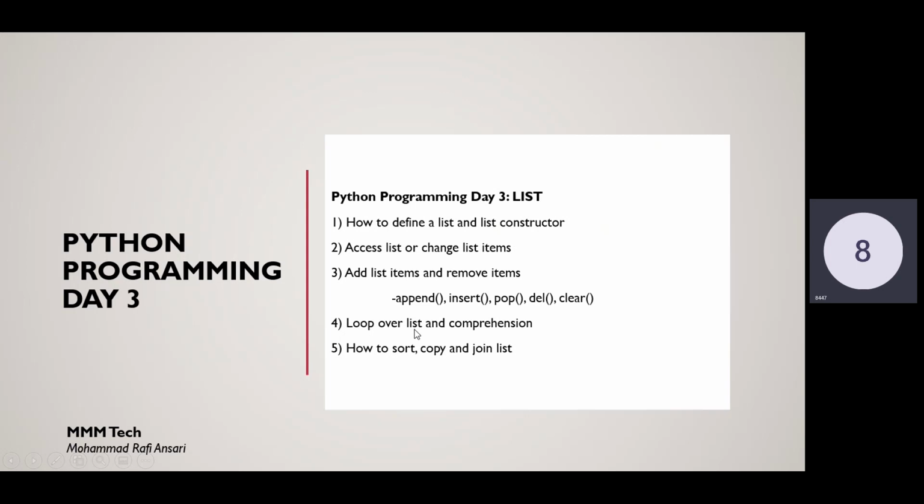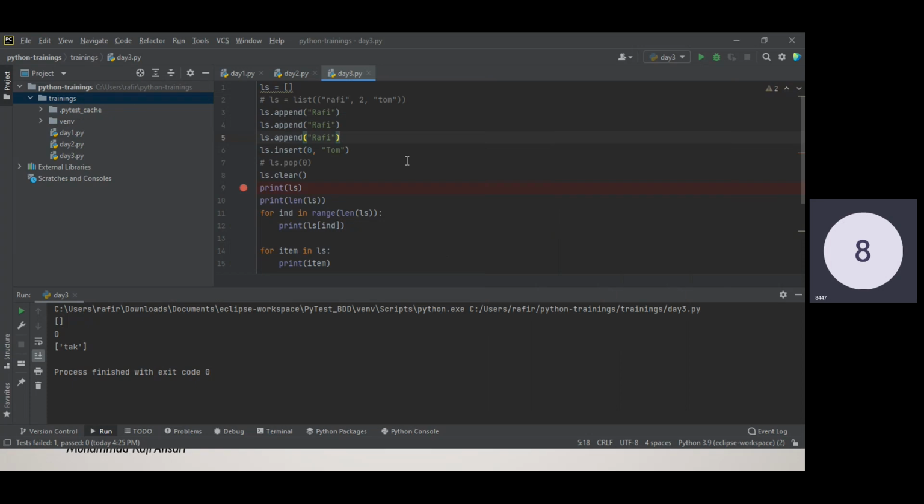Looping over a list we have already covered. Now comprehension. Let's suppose we have a list. Let me uncomment it and comment these values.